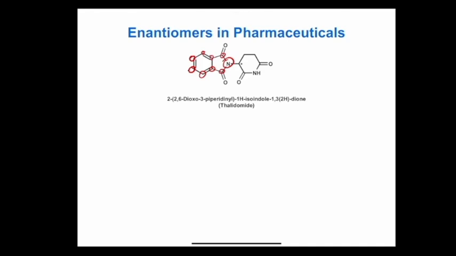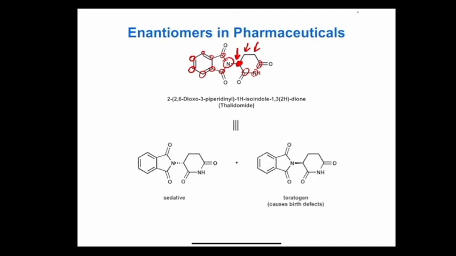Because it's nitrogen, yes. No. This is your only center. Why are these ones never going to be asymmetric centers? 2 hydrogens, yeah. So we have a single asymmetric center, which means we'll have an R and we will have an S.